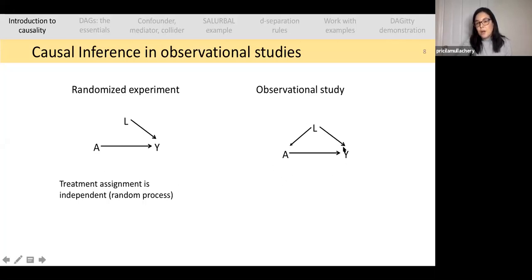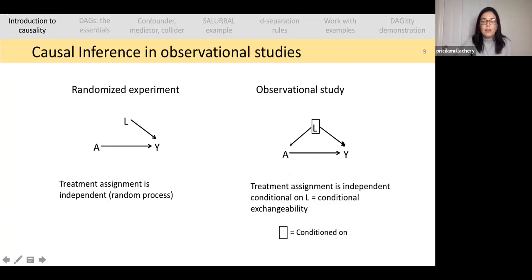However, the main drawback of observational studies is that we don't have a randomization of the treatment assignment, right? So now, see the difference between these 2 DAGs, we have now an arrow between L and A, which means that these 2 variables are no longer independent, meaning there is a variable or a set of variables here that's going to influence both taking the aspirin and the outcome.